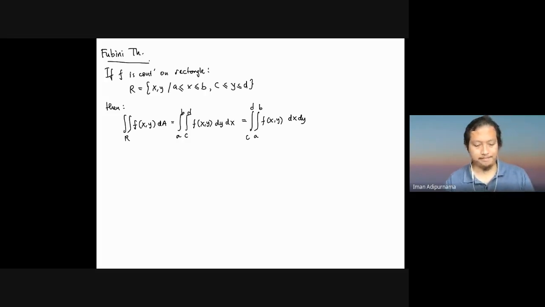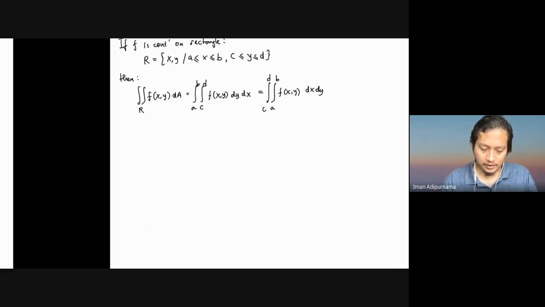The proof of this theorem, I don't think I need to write it as of now, probably later. But at least from here, you get the point of the theorem, that you can easily reverse the order.